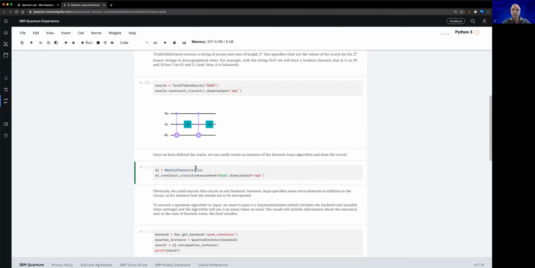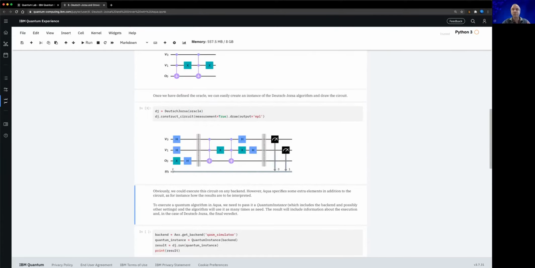Okay, and to instantiate this algorithm, we only need to provide the oracle on which we want to use this Deutsch-Jozsa algorithm. Okay, so with these simple instructions, we can instantiate the Deutsch-Jozsa algorithm with the oracle that we have already defined, and we can see here the circuit that is produced by Aqua.